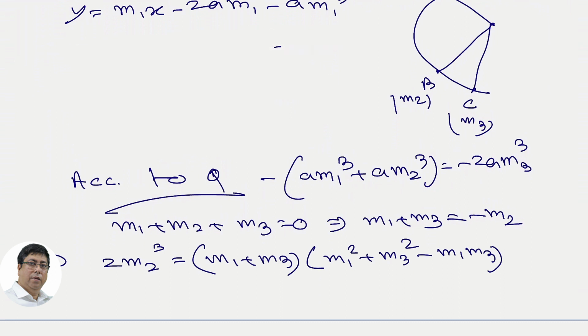So if we use another link, we can get here. And just if we put m1 plus m3 equal to minus m2, here if we put m1 plus m3 as minus m2, we are getting now 2m2 cube equal to minus m1 square minus m3 square plus m1 m3.